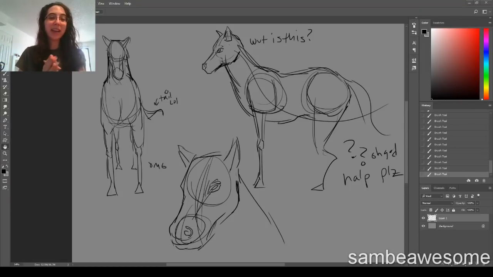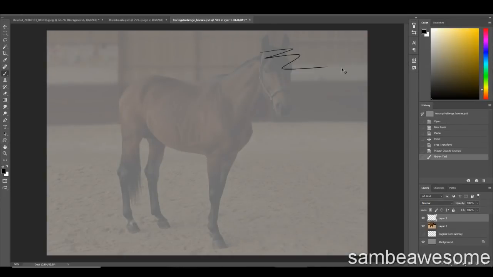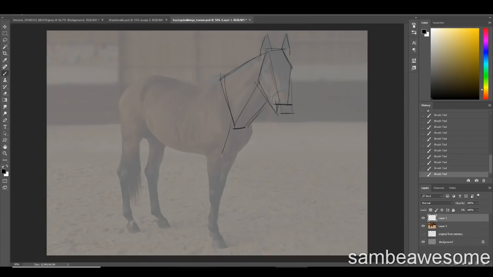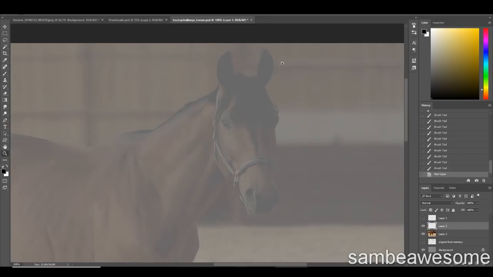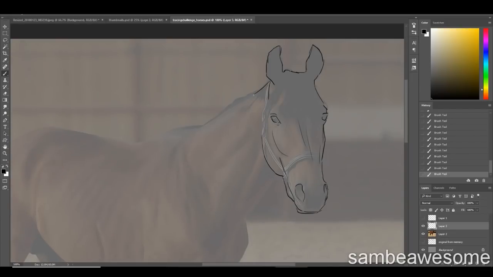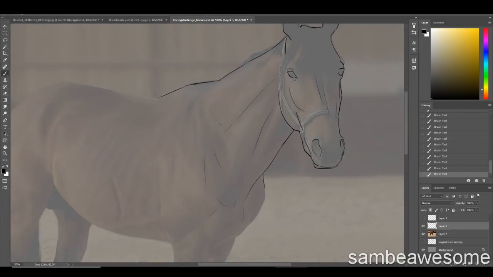Now I'm gonna go ahead and hide this layer, trace a whole bunch of photographs, and I will see you guys again soon. I guess just to clear things up from the start, there is a reason I chose horses versus anything else to trace from, and that was because I'm really unfamiliar with horses and animals in general, and I didn't want to pick something that I was a little bit more familiar with, such as the human figure, because I didn't know if any differences would be as drastic.